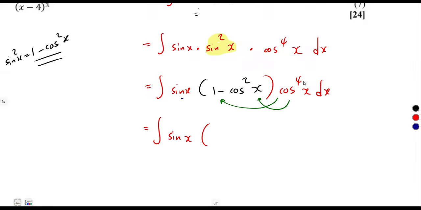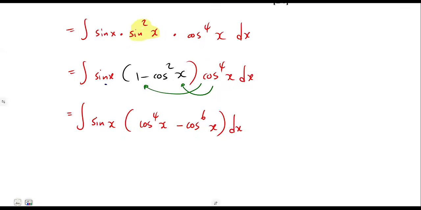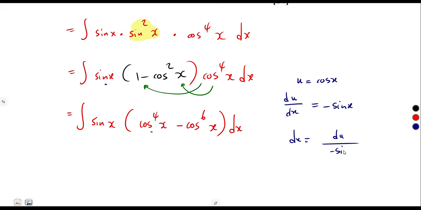So expanding with cos to the exponent of 4 times 1, that's cos to the exponent of 4 of x minus cos and cos, you add the exponents 2 plus 4, that's a 6. So this is what you're going to have. Using the substitution, we're going to let u be equal to the cos, the one that is raised to an exponent, and its derivative with respect to x is going to be negative sine x, and that's our dx is going to be du over negative sine x.